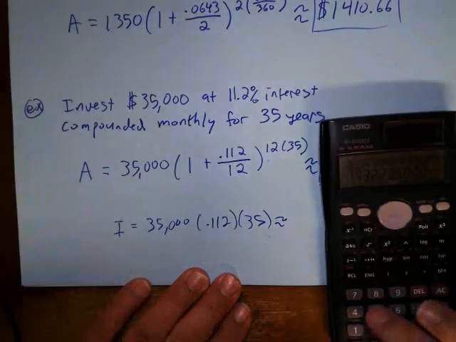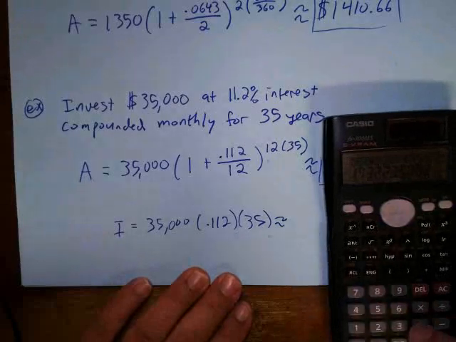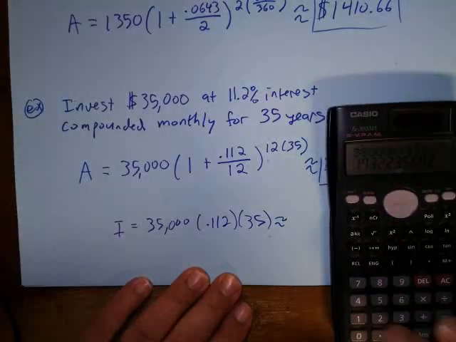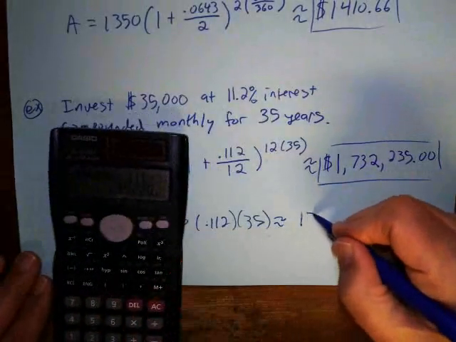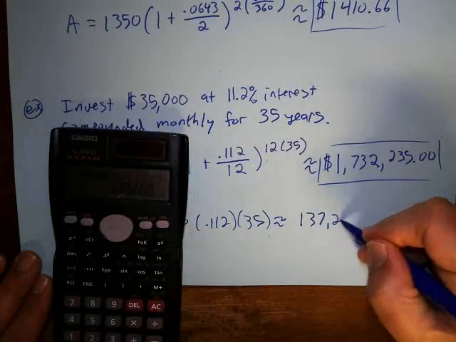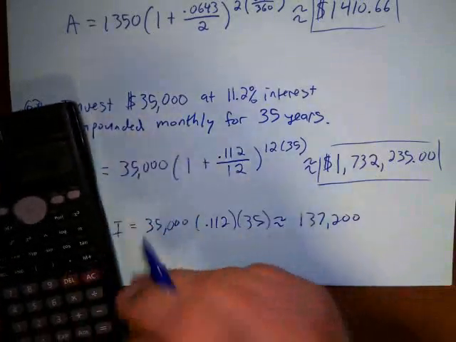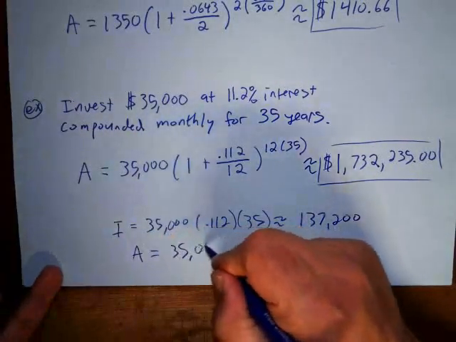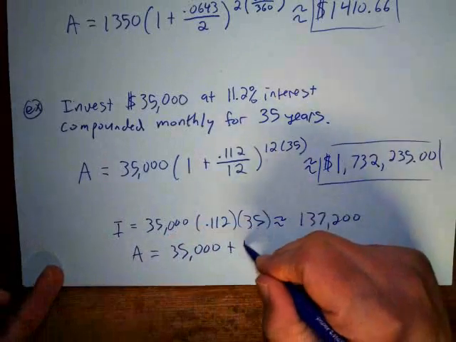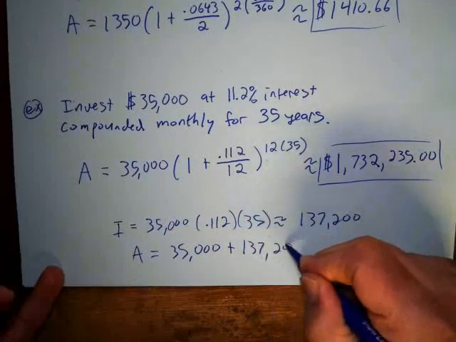Let's see what this would be. Times 0.112 times 35. And so this would be $137,200. And so the amount that your investment would be worth would be the $35,000 plus $137,200.